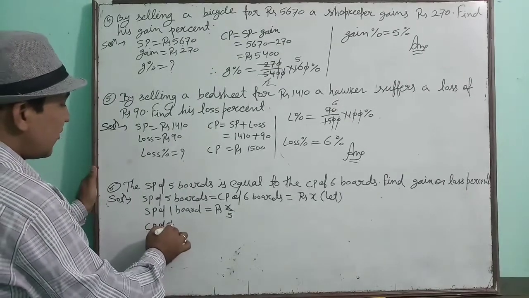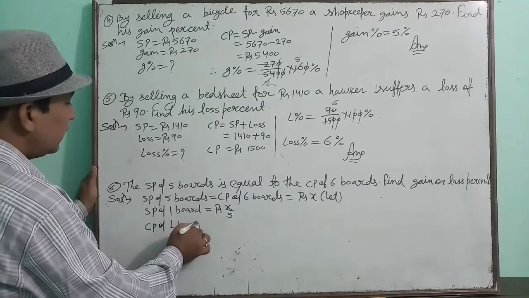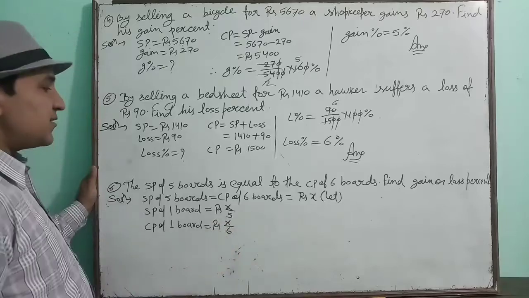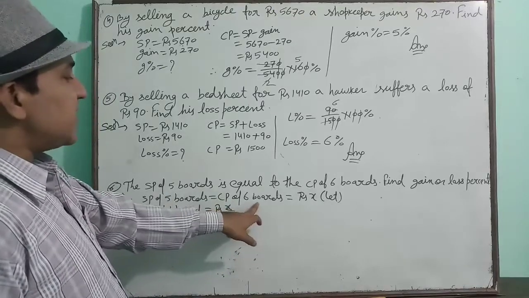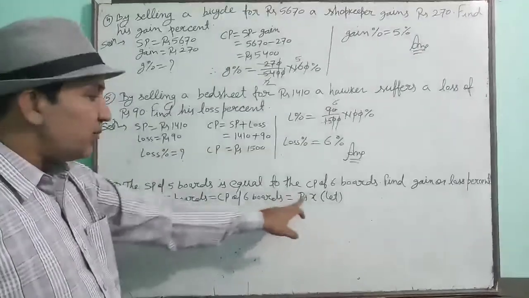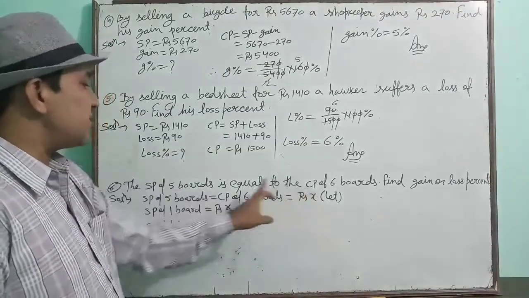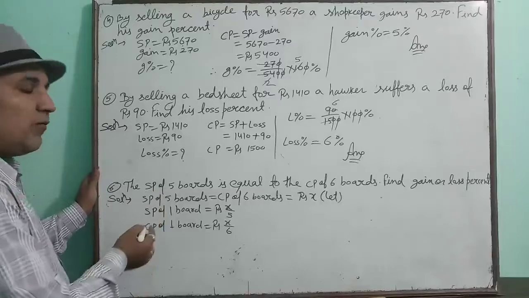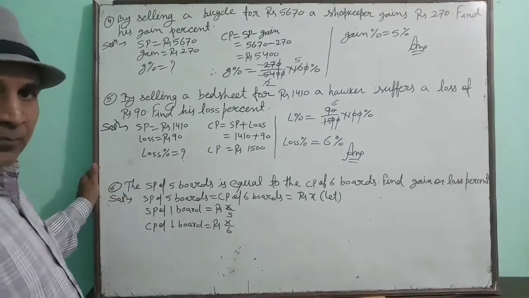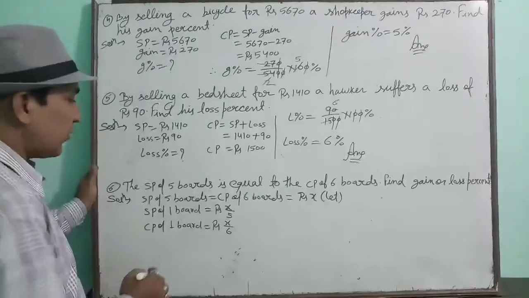Now cost price of 1 board will be X by 6, because cost price of 6 boards is X rupees, so cost price of 1 board will be less than X, that is why X is divided by 6. Now we have to check which one is greater, selling price or cost price, because we have to find there is profit or loss.